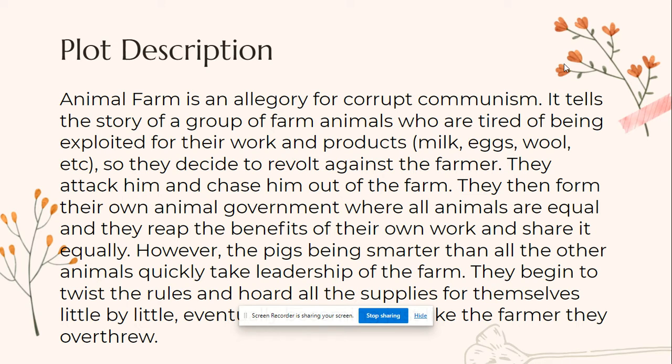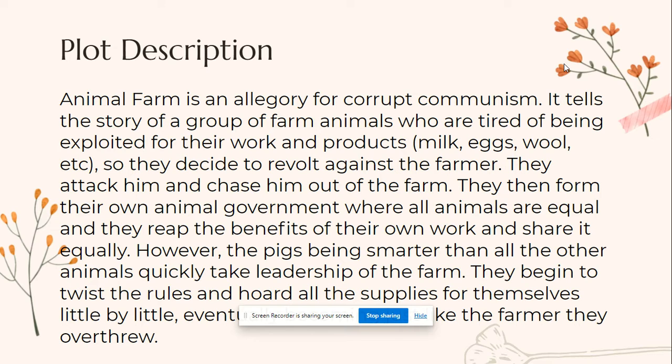They coordinate this big attack, they attack him and chase him out of the farm, and then they form their own animal government where all animals are equal and they reap the benefits of their own work and they share it equally. They also designate that they're going to have more days off than they would under the farmer, and they create a retirement plan for all the animals and all this stuff that they did not have when they were being forced to work under the farmer.